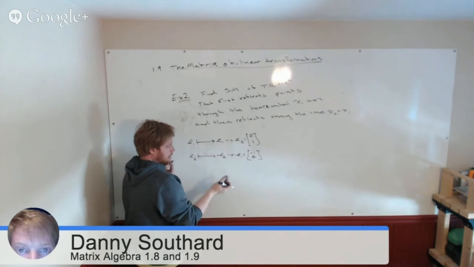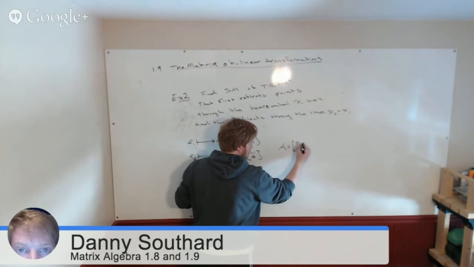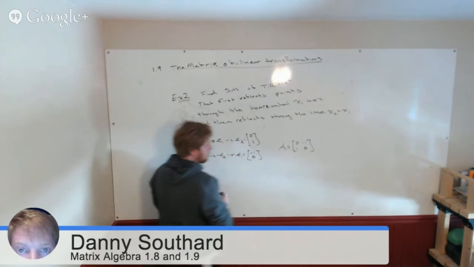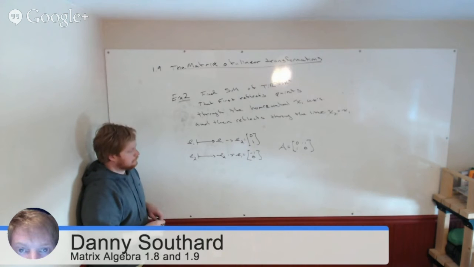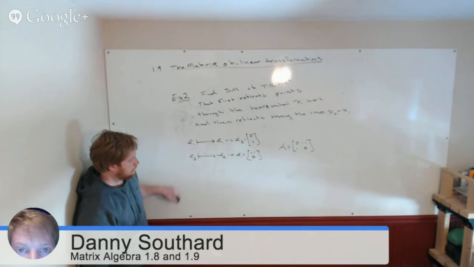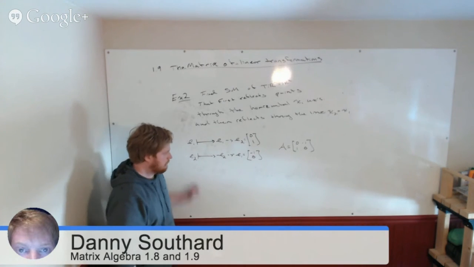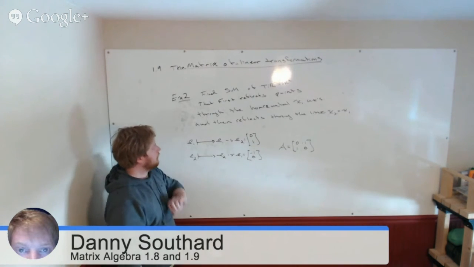Putting these guys together, we have 0, 1, negative 1, 0. All right. That was a much cleaner way of doing that.